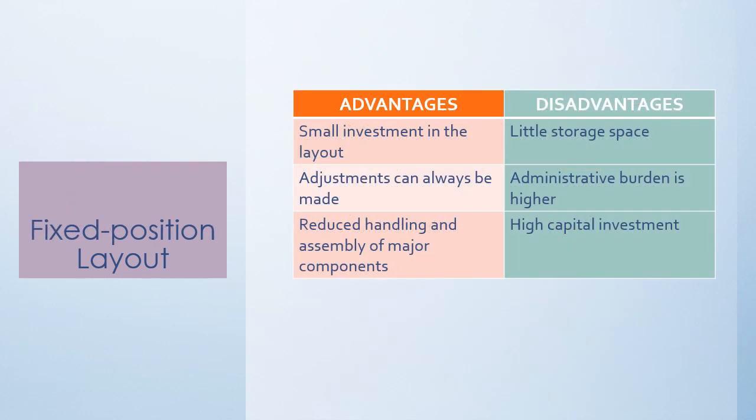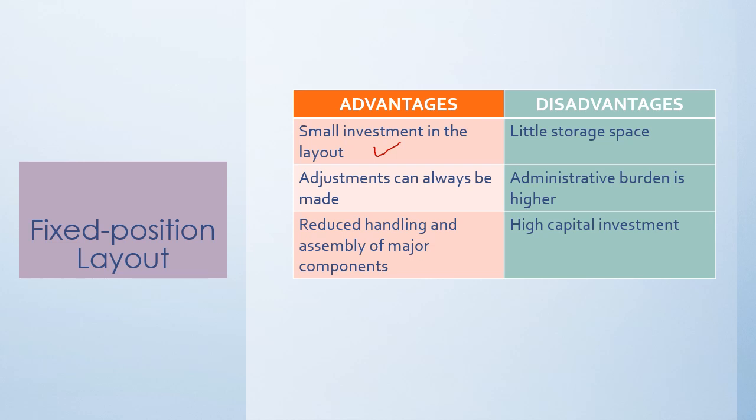So what are the advantages and disadvantages of fixed position layout? First is small investment in the layout. So the company does not have to create the layout in their organization. They don't have to invest a lot in the layout. Okay, to create a layout, especially the facilities to be placed in every section on the assembly line, that will cost a lot of money. Okay, adjustment can always be made. So maksudnya perubahan tu sentiasa boleh dibuat.